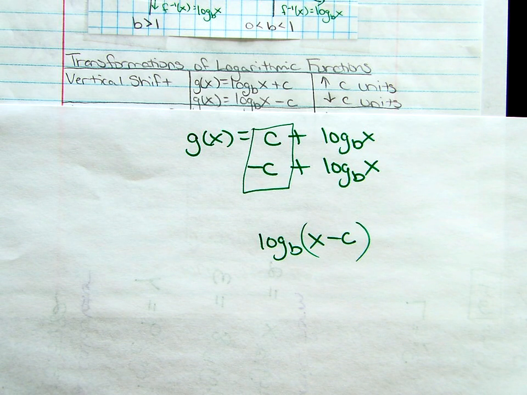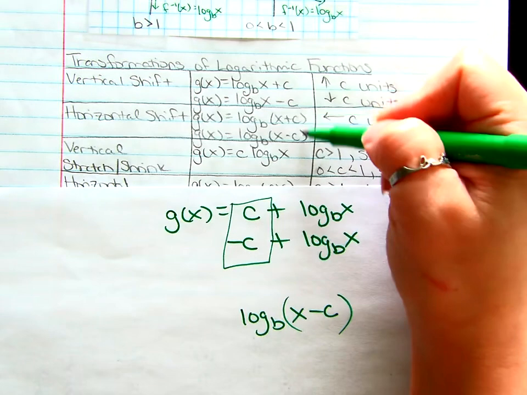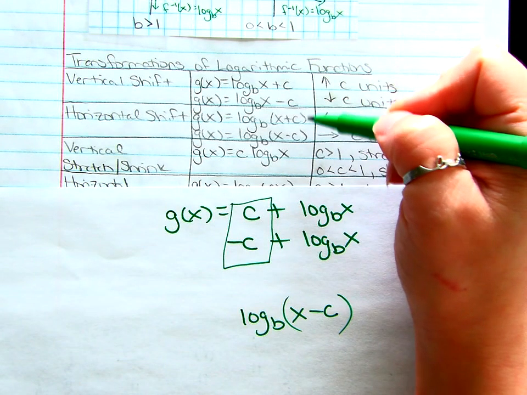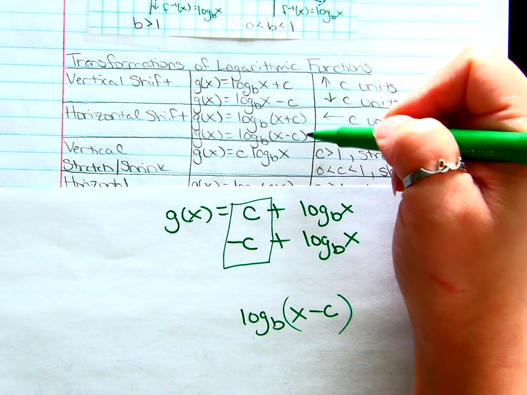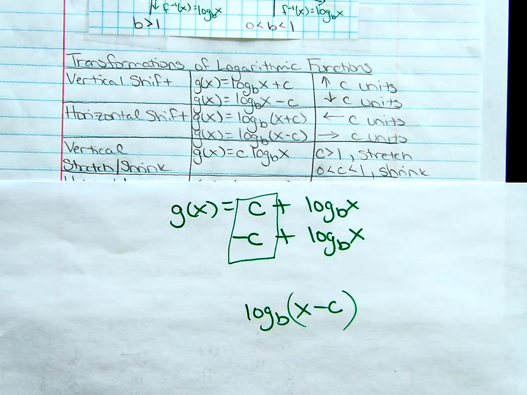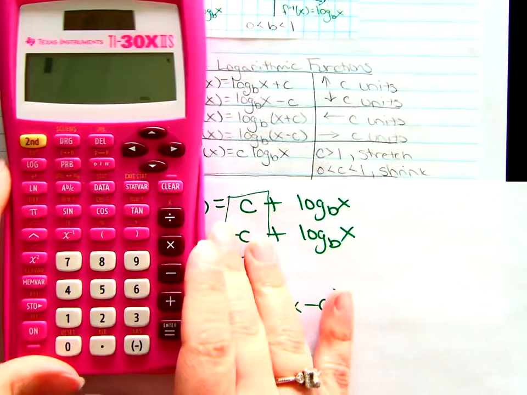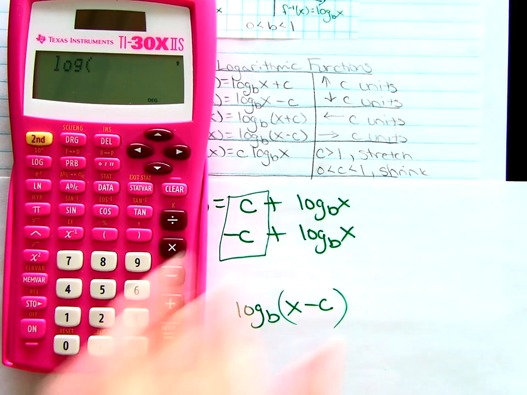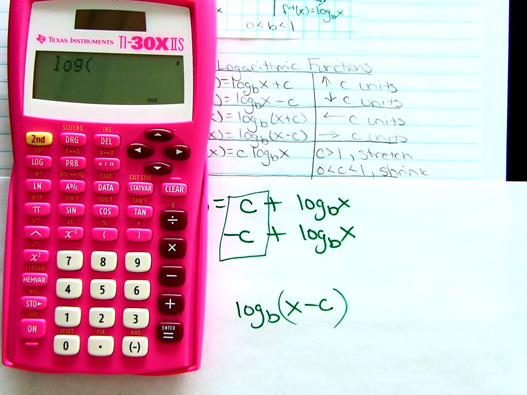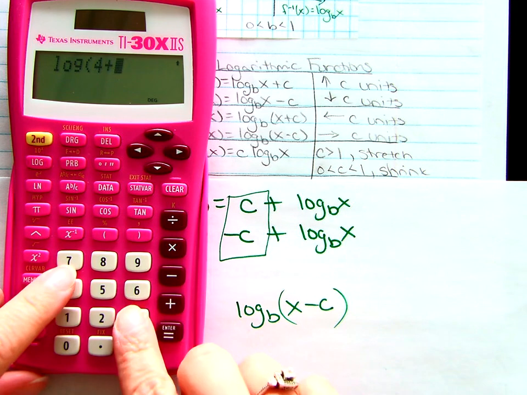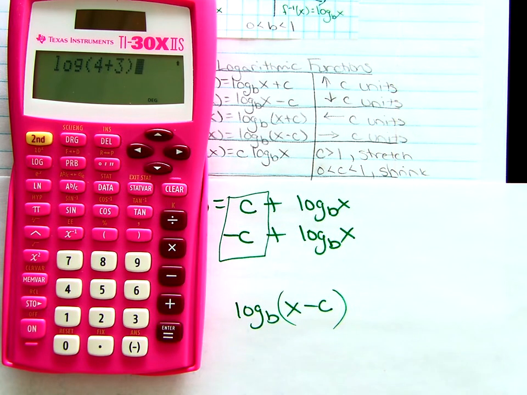Okay. Because you'll see that right here. This is also another point where if you're typing things into a calculator, you definitely want to be really specific. If you noticed when we started typing logs into this calculator, if I type log, it automatically gives me a set of parentheses. And so if I do log of 4 plus 3 and close it, then it's going to do more of a horizontal shift situation.